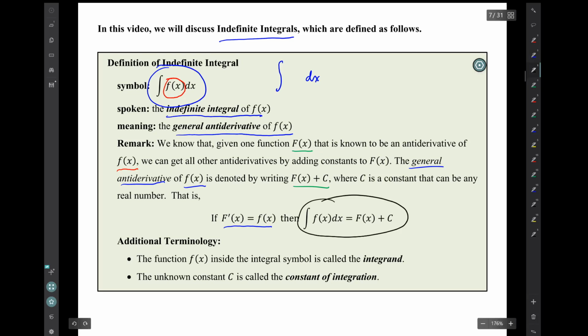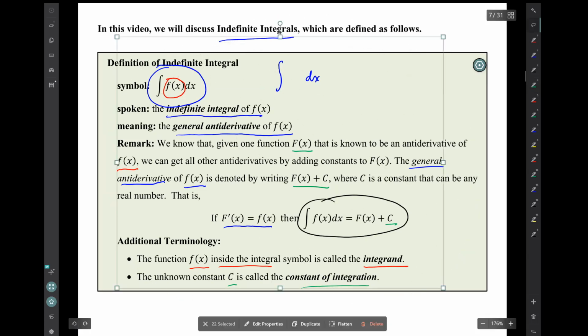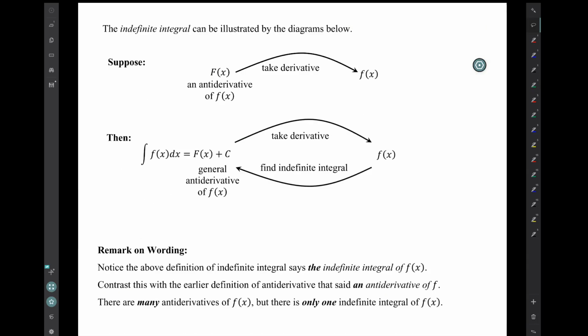Now some additional terminology and notation. The function little f of x that's inside the integral symbol is called the integrand. And the unknown constant c that's on the outside is called the constant of integration. The indefinite integral can be illustrated by the diagrams below. Suppose that you have a function capital F that is known to be an antiderivative of a function little f.